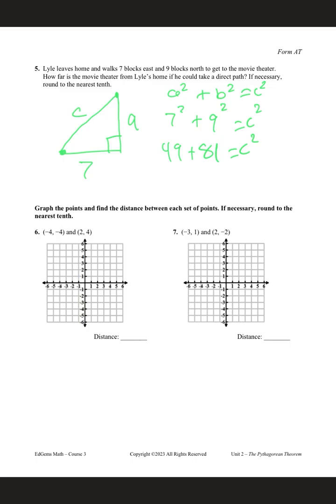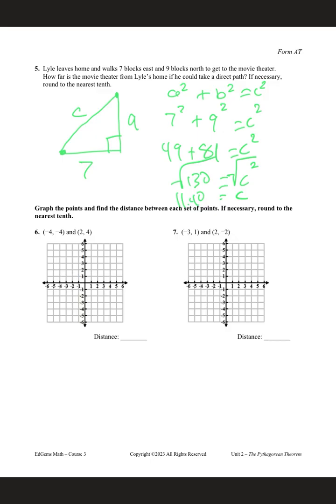And we've got 49 plus 81. So 49 plus 81 is 130, I believe. That's equal to c squared. And then to find the value for c, we've got to take the square root of both sides. So I'm left with c equals the square root of 130. I get 11.40.